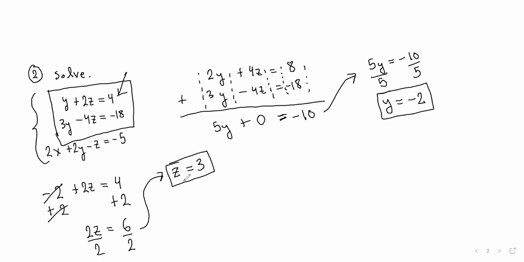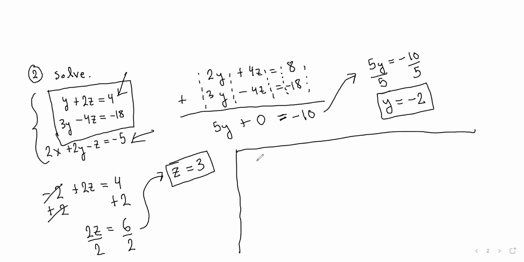Now we have y and z. We have specific numbers for these. So if we want to solve for x, we go to this third equation here and substitute 3 for z and -2 for y. And then we can solve for x. So I'm going to do that over here.